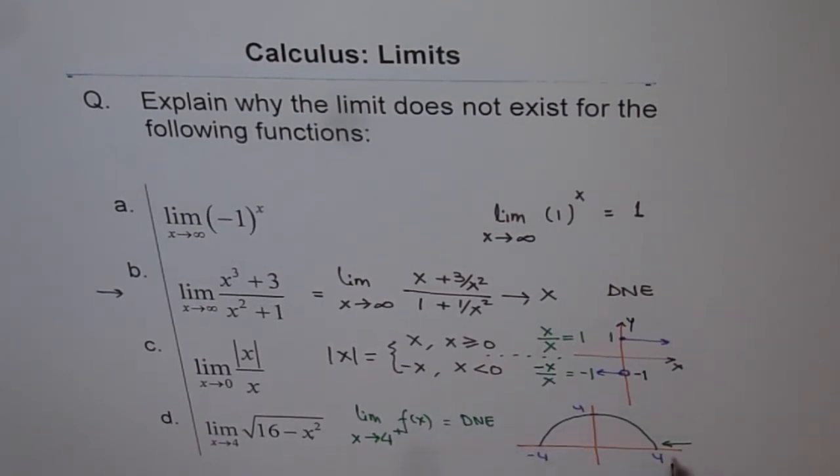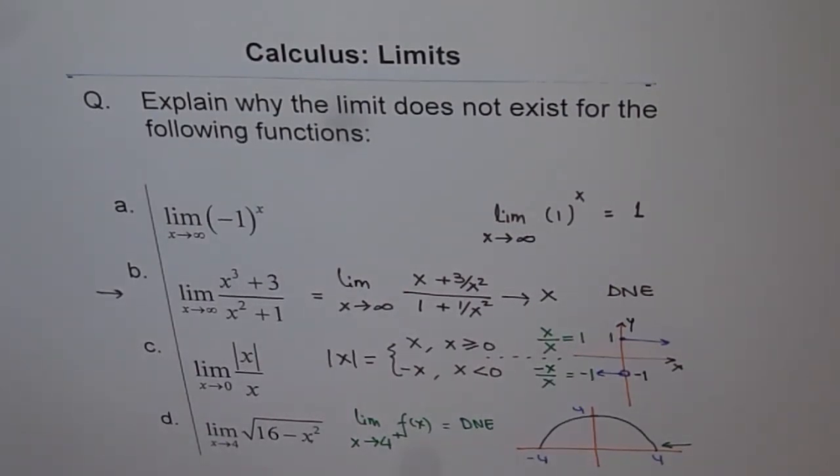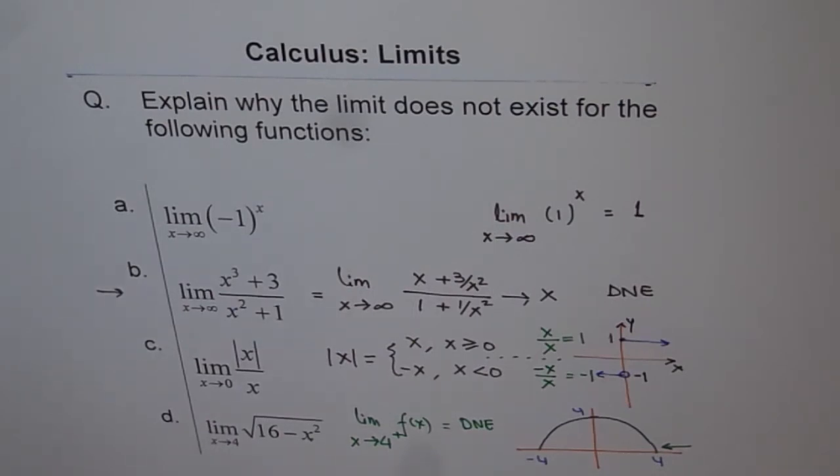Since that is not in the domain of the function. If I write anything more than 4 here, then within the square root, I'm going to get a negative thing, and the square root of a negative number is imaginary, is not real. So we are not approaching a real value. That is why the limit does not exist.